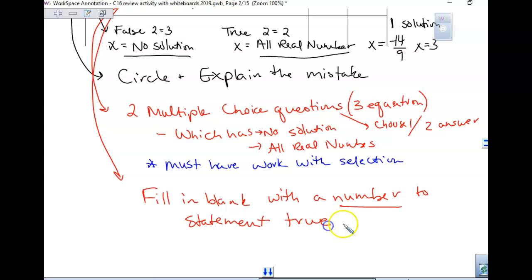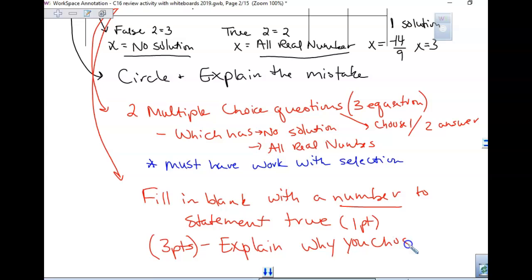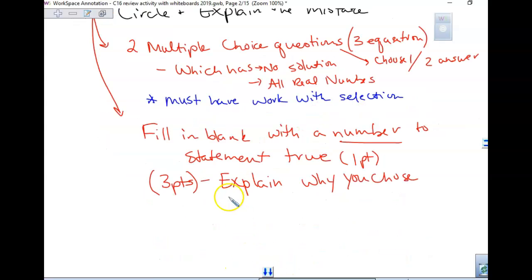That number that you give me, that's going to be 1 point. The other 3 points of that question is going to be you explaining why you chose that number, okay?